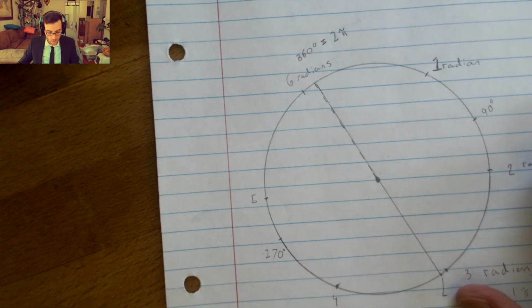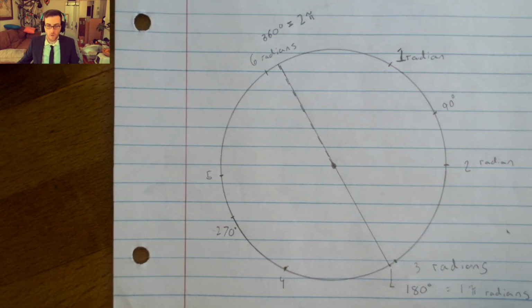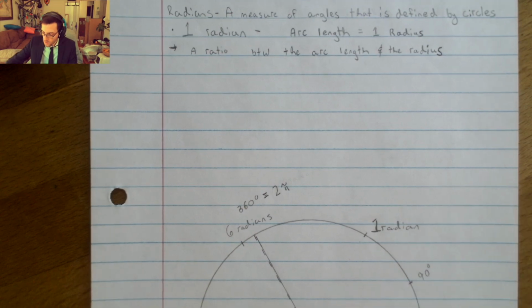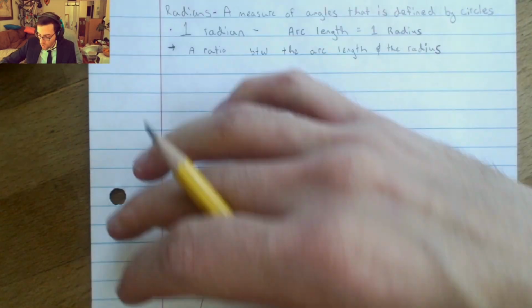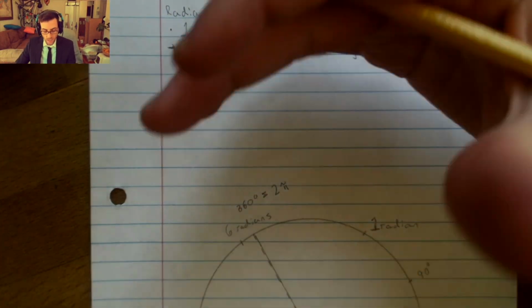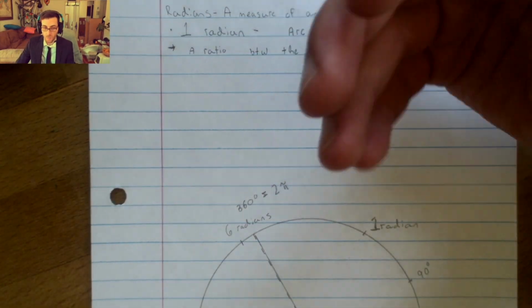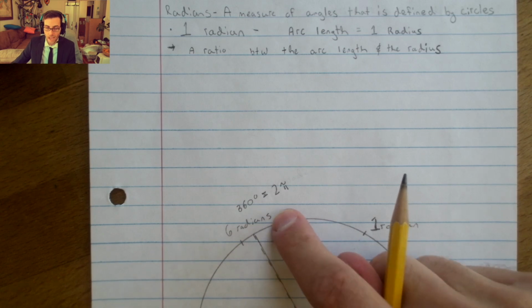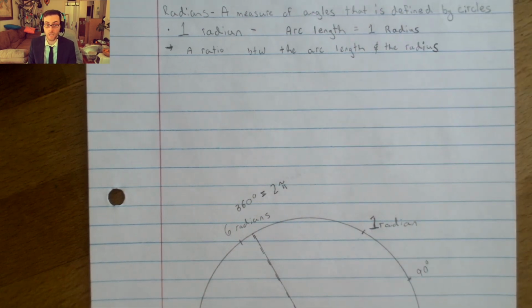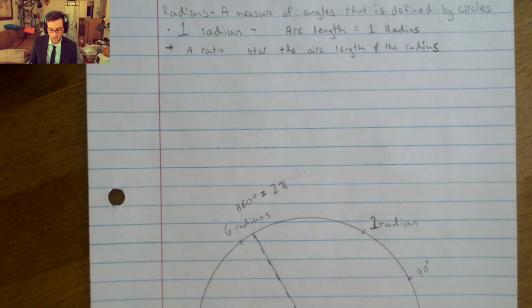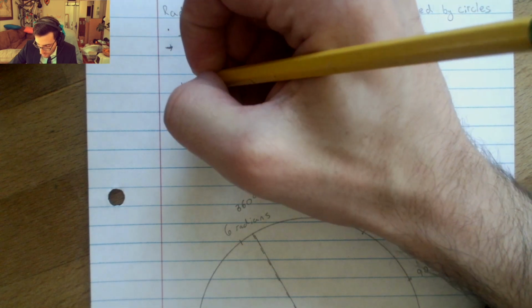So what we're going to do now is look at how we actually convert this concept going back and forth. When we look through our graph here, we can see a relation developing. The notion of 360 degrees being equal to 2 pi, as well as 180 degrees being equal to 1 pi radians. We can use this equality to switch back and forth.